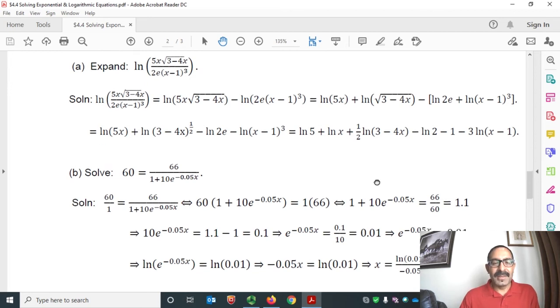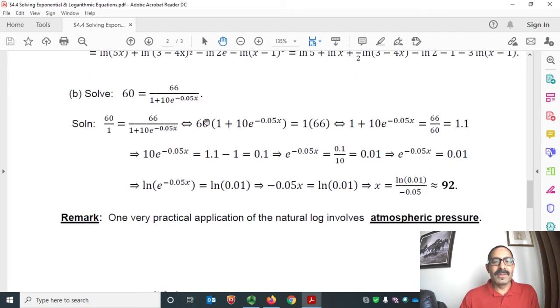Now part B, solve this equation here: 60 equals 66 over 1 plus 10 times e to the power negative 0.05x. So begin the solution. If there is nothing under 60, that is, there is a 1, then I can rewrite 60 as 60 over 1, and I copy the right-hand side as it is.